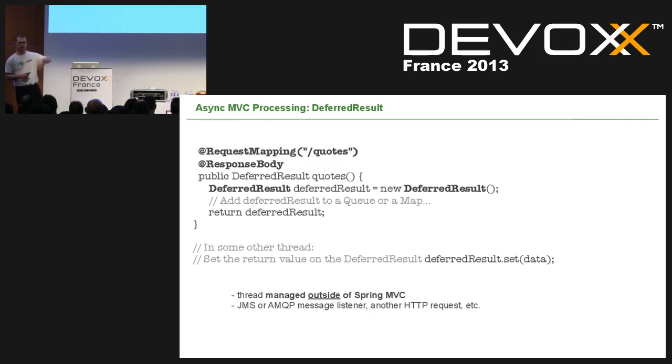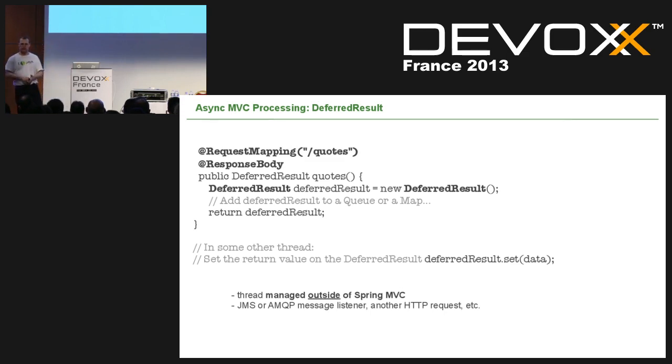You might put it in a global data structure. Imagine a concurrent list or concurrent hash map. And then when something happens in the background, maybe you have a JMS feed, some JMS messages come in, and you'll update some state. Okay, message comes in. You find the DeferredResult in your concurrent hash map, set the data on it, and that triggers, that causes the response to be sent.